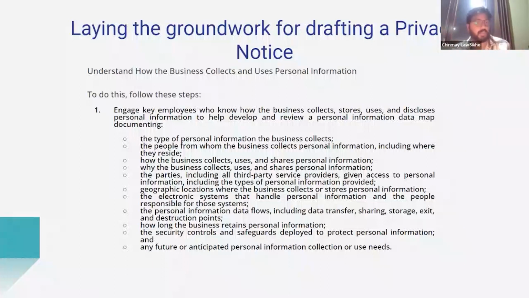Now, when you map all this information out, this will give you a plethora of material to work with when you sit to draft your privacy notice or a cookie notice, right?